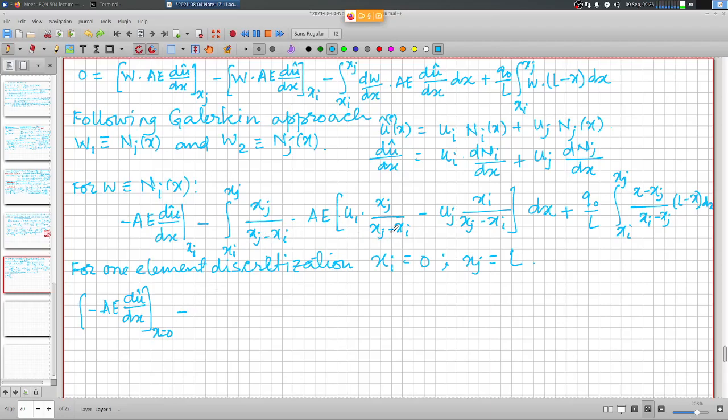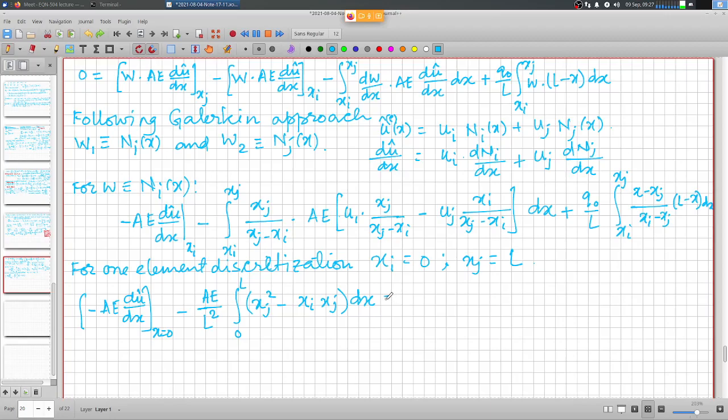So we can take this denominator out, xj minus xi is equal to L, so that would be L squared, and the integrand is 0 to L, xj square minus xi xj dx.